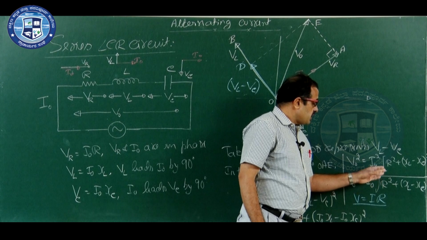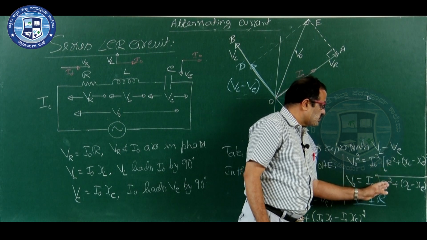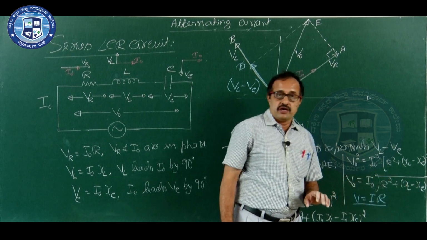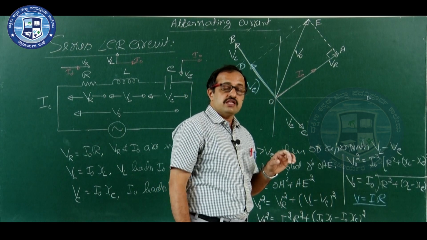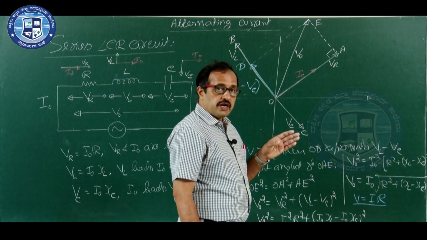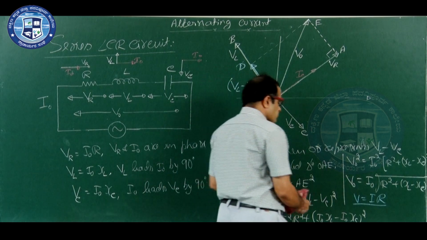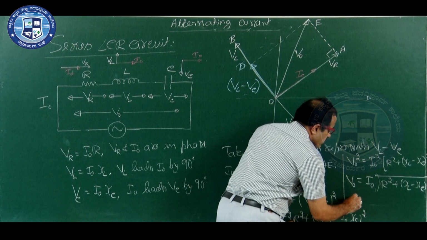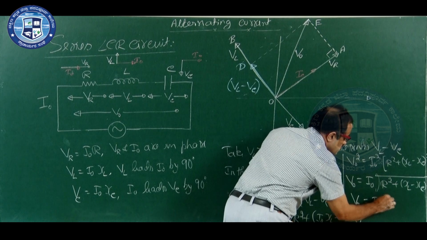Therefore, this particular term inside the square root contains a resistance part and a reactance part. It is known as the total opposition of the LCR circuit to the flow of AC. It is now known as the impedance of the circuit, and its symbol is Z. Therefore, now we can rewrite the formula: V naught is equal to I naught into Z.